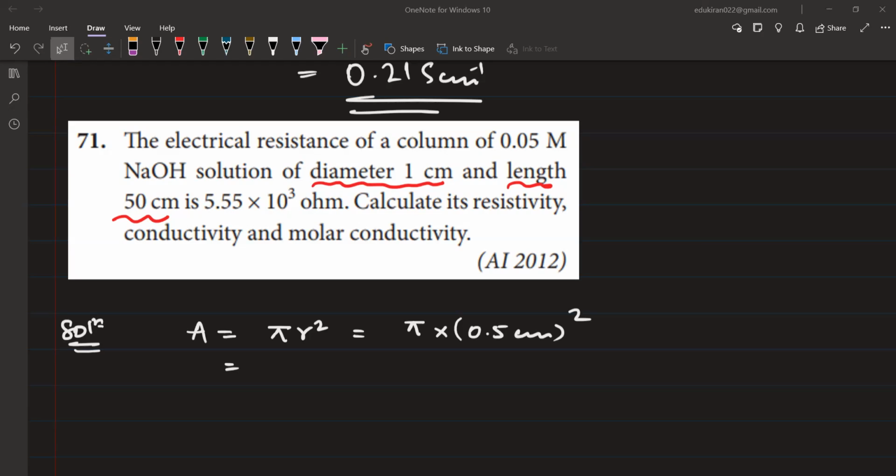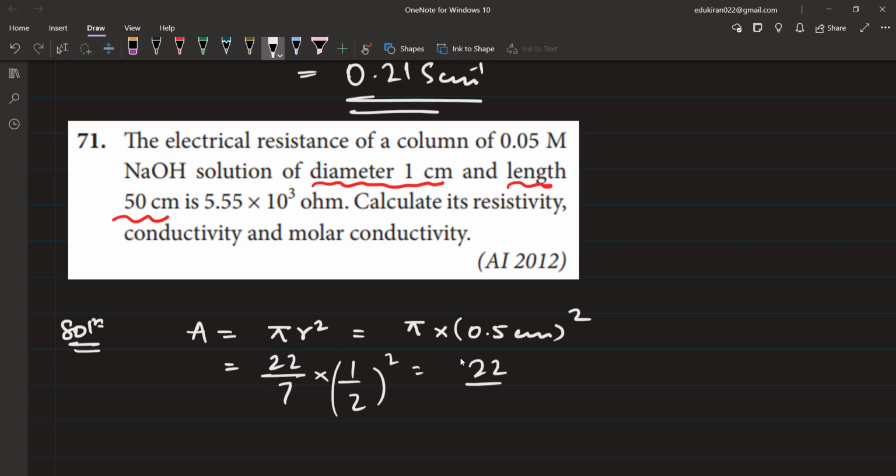And you don't have to do it in decimal points, okay? You can just keep it like this, 22/7 into 0.5 square. What will be the square of 0.5? Rather, wait a second, don't write 0.5, write 1/2. Okay, 1/2 square.